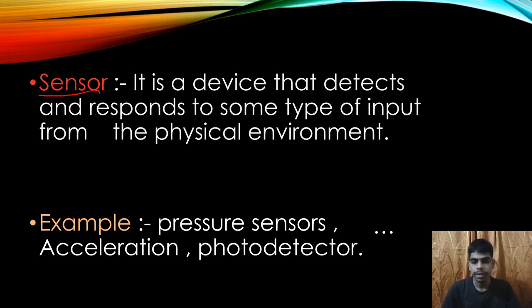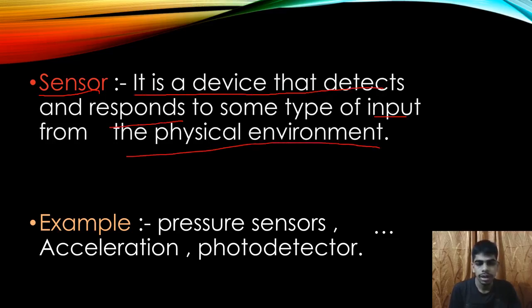There you can find so many applications like the screen sensor, light sensor, camera sensor, etc. So in the case of devices we use daily, what is a sensor? A sensor is a device that detects and responds to some type of input from the physical environment. It takes some input from the physical environment and gives some data as output.